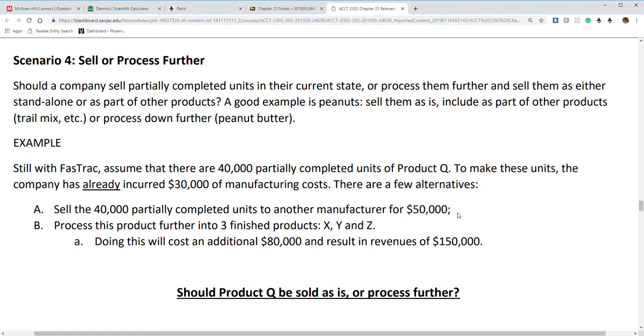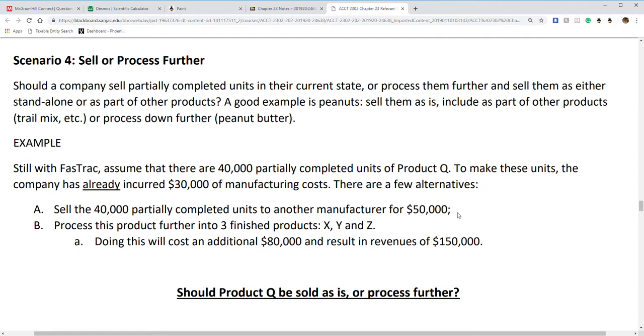And he's got a few alternatives. He has Professor over here goes, let's sell the 40,000 partial completed units to another manufacturer for 50,000.